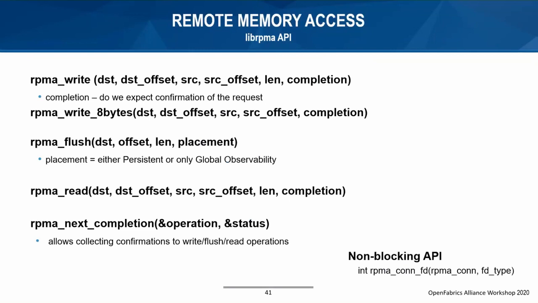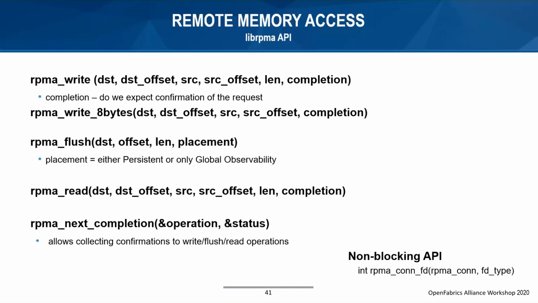There's a size, and then there is this completion flag, which says whether I would like to get some feedback, or whether we would like to put some number of operations in the pipeline and then only get the completion of the last one. We have a separate API for 8-byte atomic operation that can be used to update some pointers in an atomic way, for example. And then we have this RPMA flush command that is used to ensure that the data are finally stored in persistent memory.